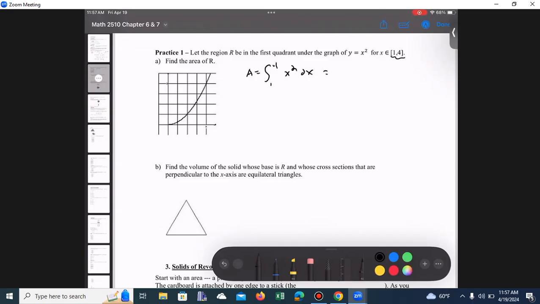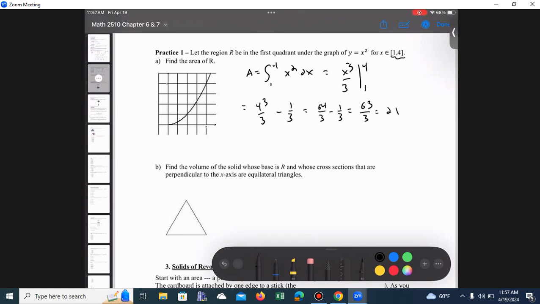When we integrate this, we get x cubed over 3 from 1 to 4, which would be equal to 4 cubed over 3 minus 1/3, which is 64 over 3 minus 1/3, 63 over 3, which is 21.